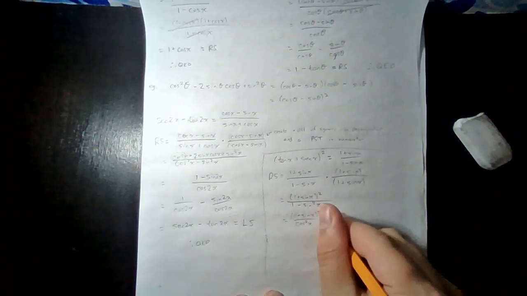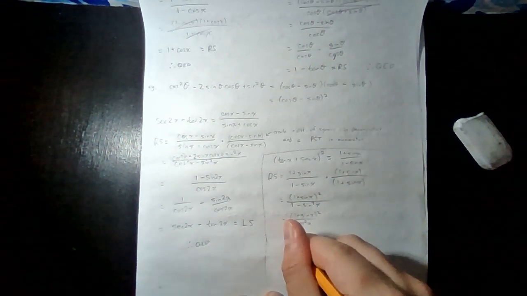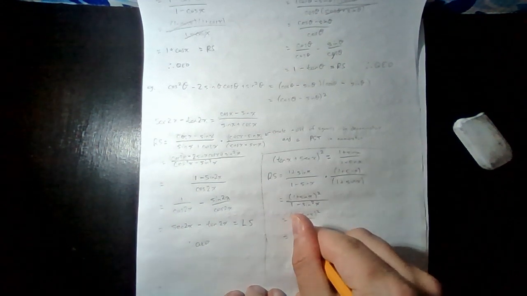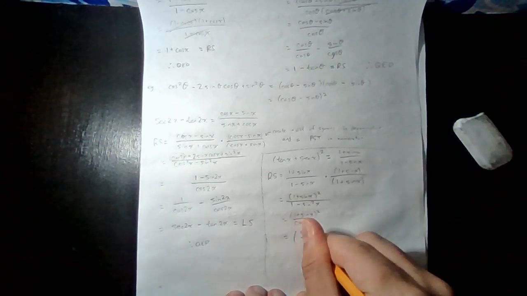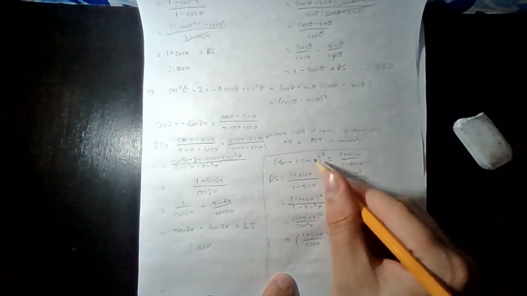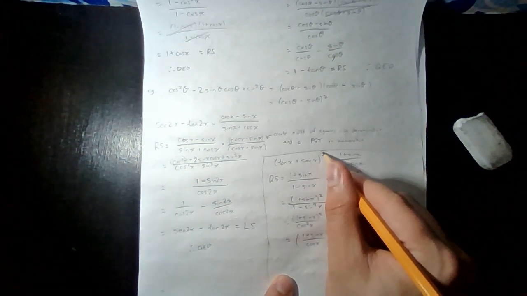And so by changing it to that, our top is something squared, our bottom's something squared. So it's the same as this whole fraction, 1 plus sine x over cos x, all being squared. That allows us to have everything be squared.